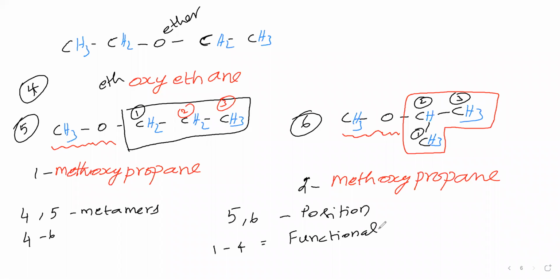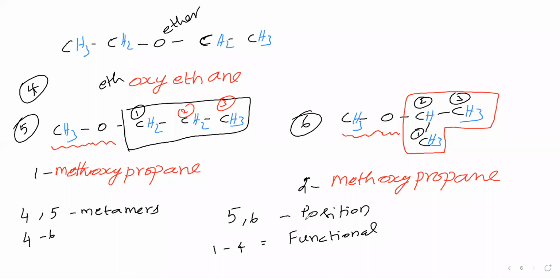We can call them as functional isomers. Now functional group alcohol, functional group ether means in one compound functional group alcohol, in another compound functional group ether, means you can say them as functional isomers.